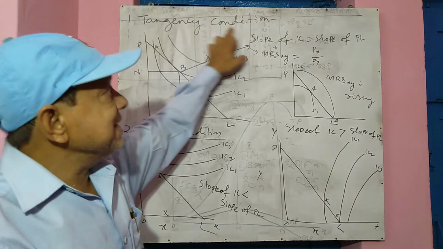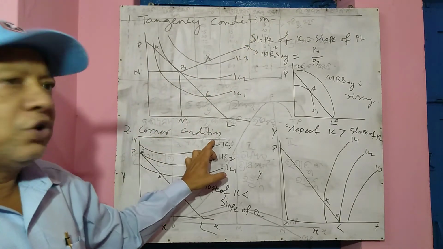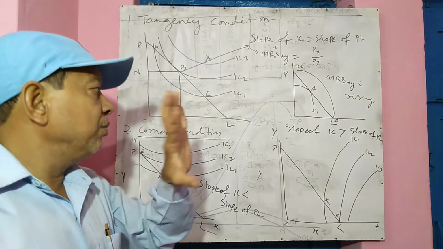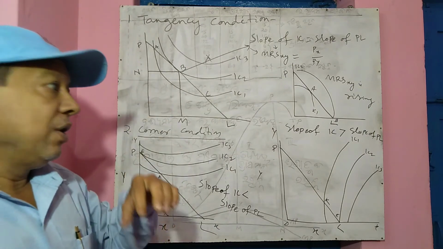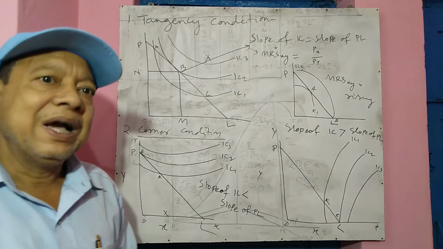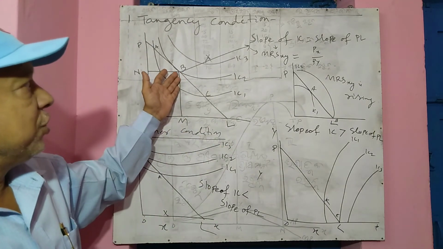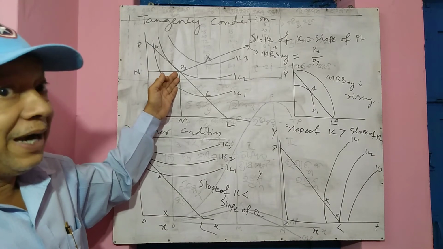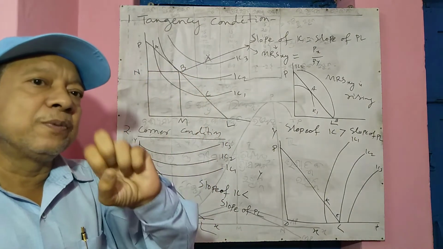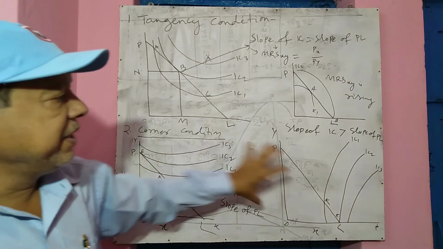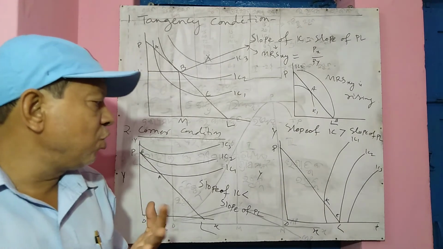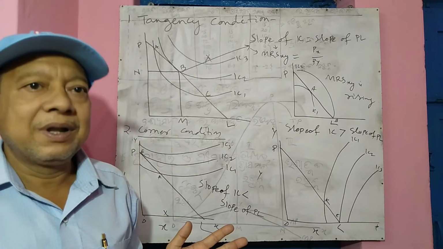First is the tangency condition and second is the corner condition of utility maximization. The consumer will have the maximum utility according to the slope of the IC, because here the slope of the IC and slope of PL are equal at this point. He goes to consume various bundles of goods X and Y. But here, the slope of the IC and slope of the price line are never equal.